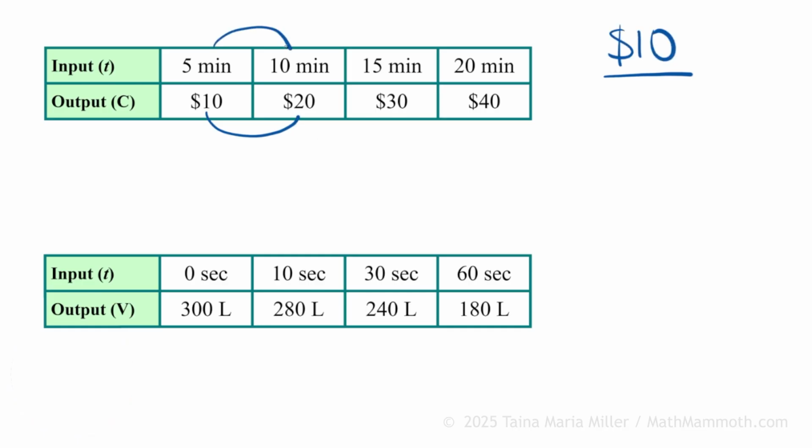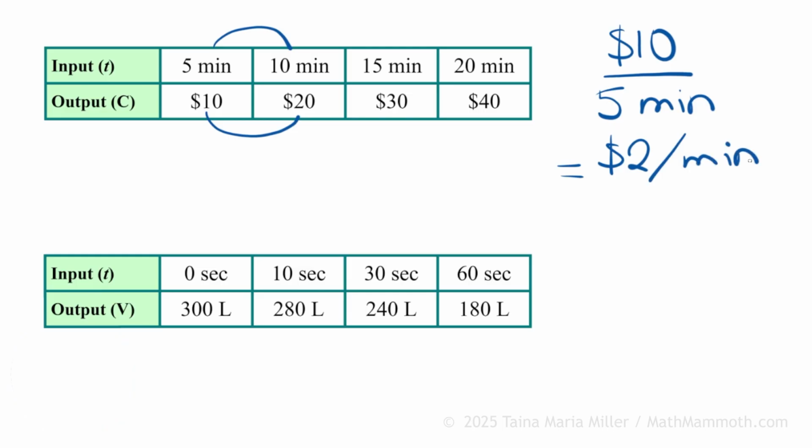And then in the input values, the change from here to here is 5 minutes. Also from here to here would be the same, 5 minutes. So $10 over 5 minutes is the rate of change. This simplifies though. 10 divided by 5 is 2. So it becomes 2, and there's dollars per minute. So $2 per minute.